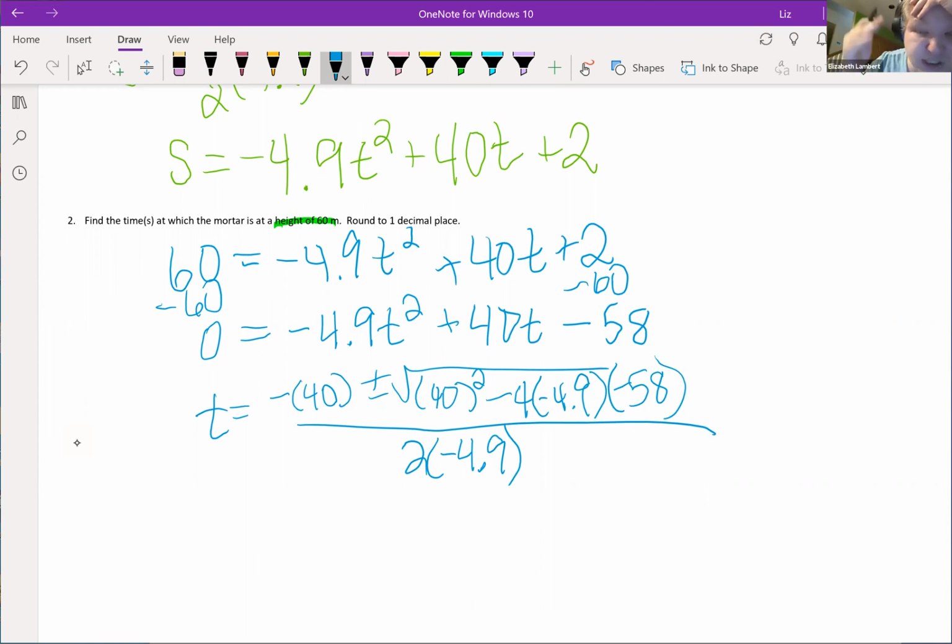It'll still work. We just have to be careful about our signs. So that is a negative 40 up there, plus or minus. The bottom is back to a negative 9.8.